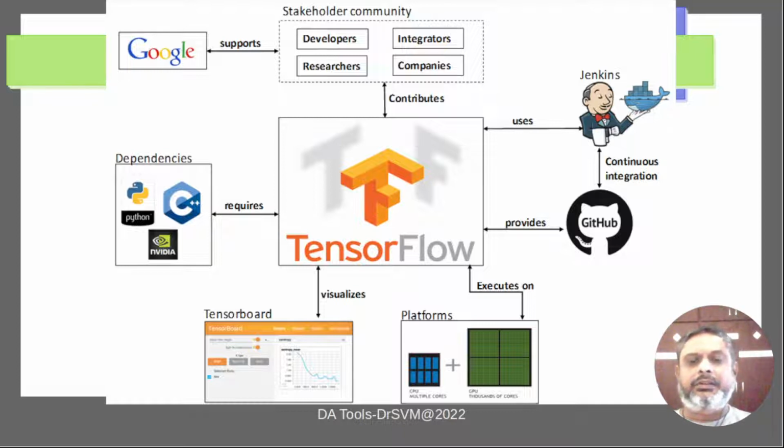GitHub provides TensorFlow, and Python, C++, NVIDIA, and other dependencies are required by TensorFlow. TensorFlow uses TensorBoard for visualization and various platforms for execution, and TensorFlow contributes to a stakeholder community of developers, integrators, researchers, and companies. This whole thing is under the support of Google.